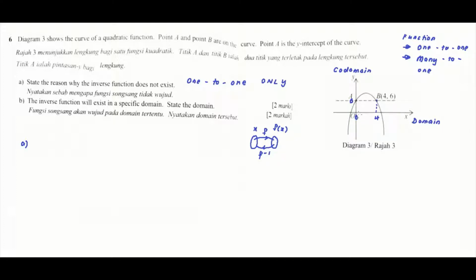So both 0 and 4 have the same image, which is 6. There are two objects that go to the same image, so it's a many to one function. Because it's a many to one function, there is no inverse function.